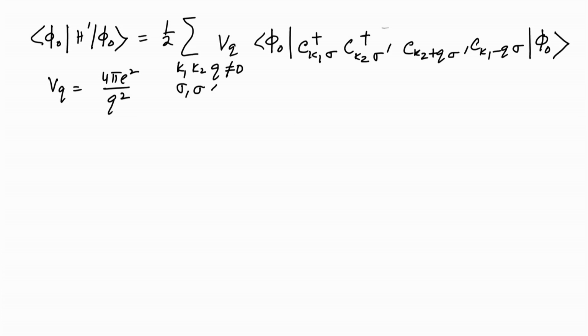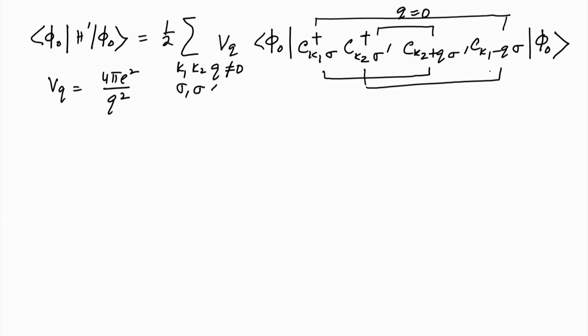And now, look at the pairings, we will write down the pairing. If we take a pairing between this and this and this and this, both correspond to q equal to 0. And we can also take pairing between the first and the third one and the second and the fourth one, both will correspond to delta k1 is k2 plus q, and of course, also delta sigma sigma prime.